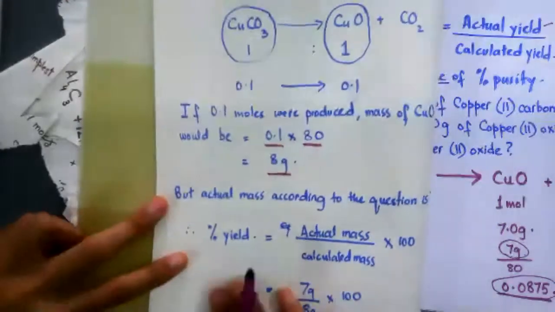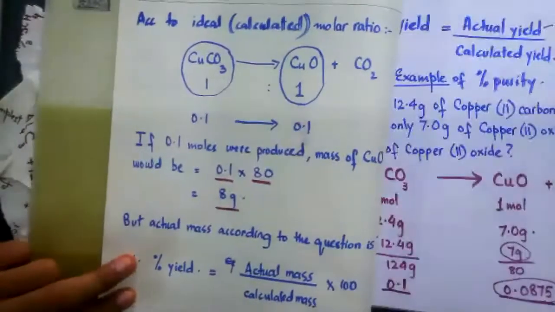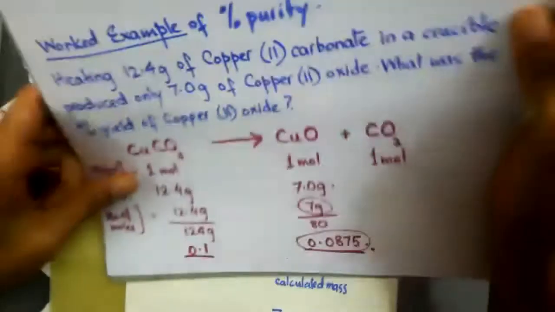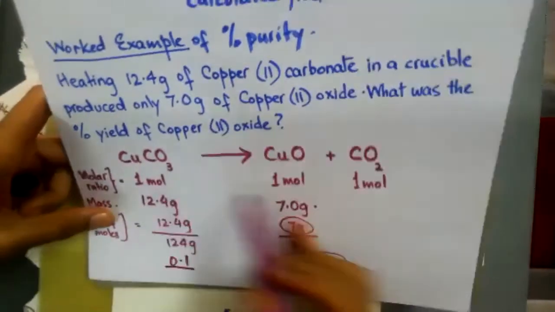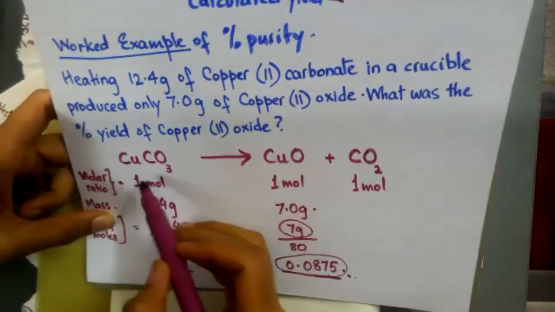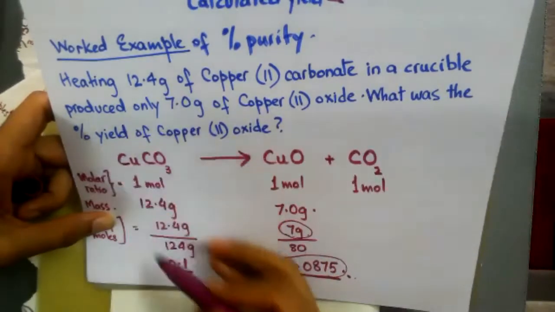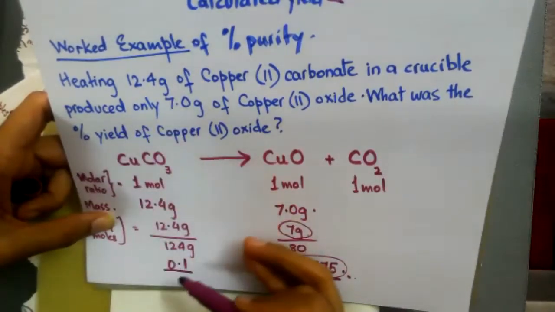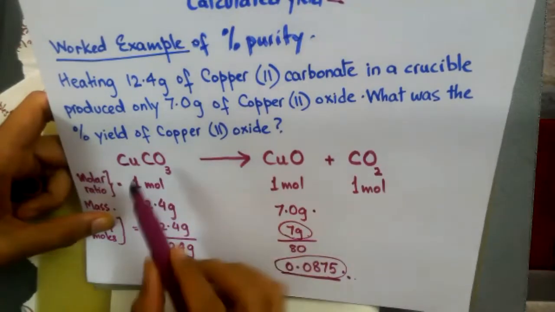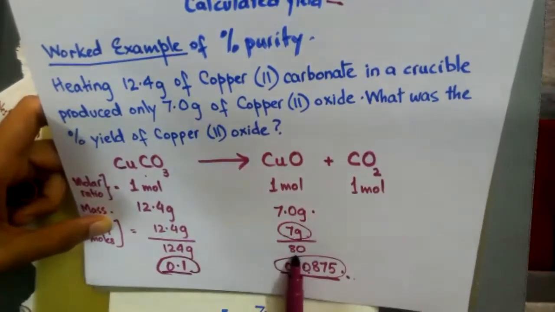I'll explain how I got the ideal mass. I'm using the molar ratio from the balanced chemical equation. So 1 mole is to 1 mole, the ratio is 1:1. The number of moles of the reactant is 0.1, right? So using this 1:1 ratio, this should also have been 0.1.